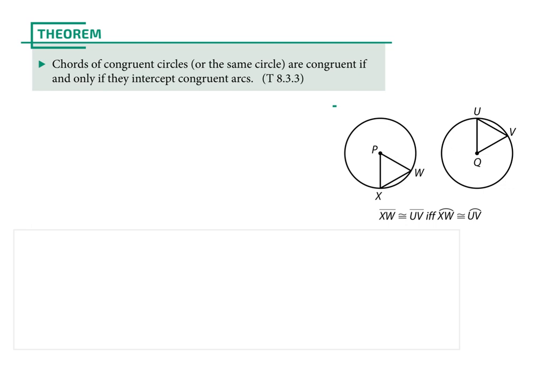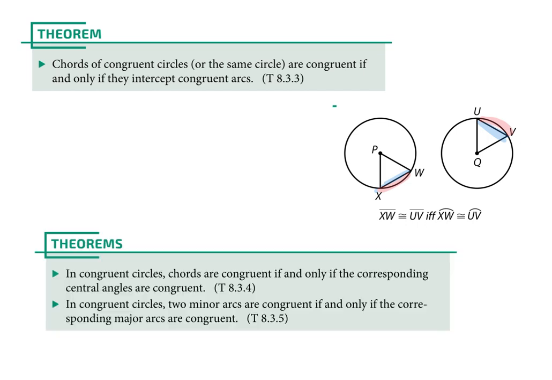Chords of congruent circles are congruent if and only if they intercept congruent arcs. So we talked about congruent chords being the same distance away from the center of the circle. So if these chords are congruent, then the arcs that they intercept are also congruent, which is basically what those theorems below tell you.